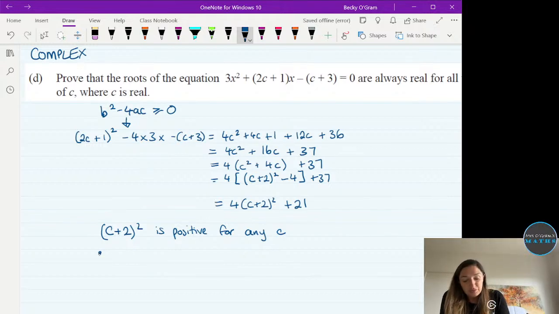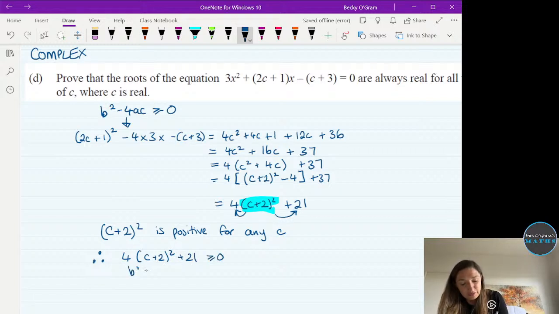Which means that if this portion here is always positive, and then we times it by 4, that's going to stay positive, and then we add on 21, that will also stay positive. So 4 times c plus 2 squared plus 21 is greater than or equal to 0. So b squared minus 4ac is greater than or equal to 0. Therefore, the roots are real.